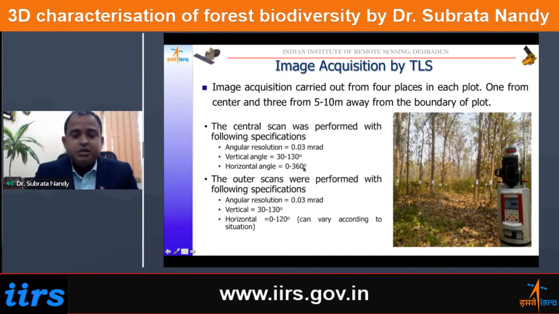I should not scan at 0 to 360 degrees, because it will capture additional things behind me. So I can reduce this according to the situation or the view angle. When scanning from outside, this should be around 5 to 10 meters away, so that the tree tops are visible with the vertical angle of 30 to 130 degrees of the scanner.